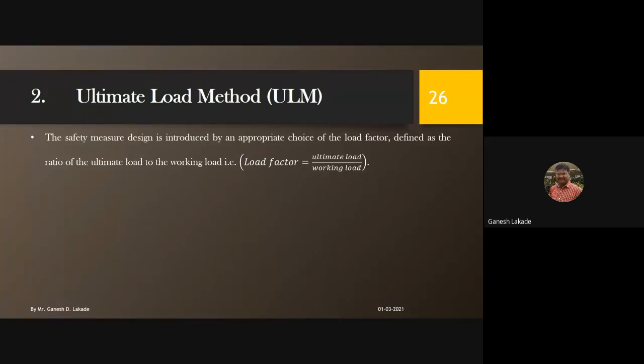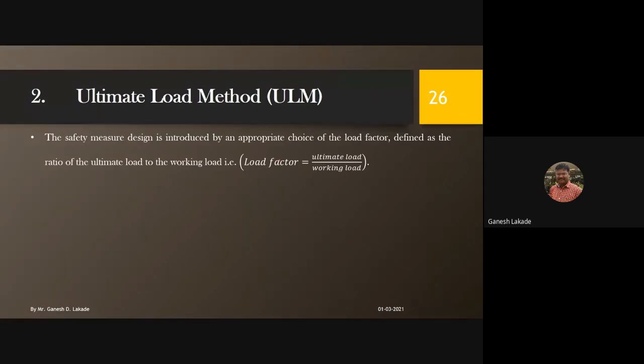You can calculate it using this relation: ultimate load equals working load into load factor, or the load factor equals ultimate load divided by working load. Now, this ultimate load we can calculate just by performing some experiments on the materials. Can we calculate it in that way?